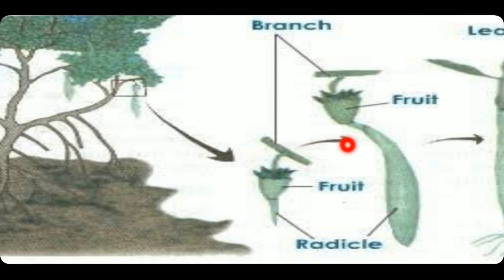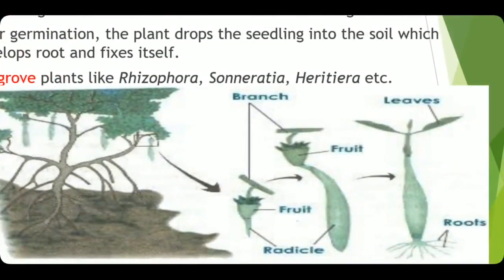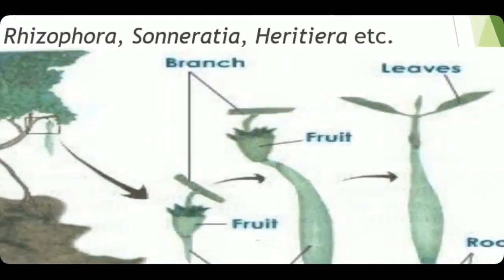This radicle grows more and more. This is actually the stalk of a plant. The radicle grows more and more, swells up, then detaches itself from the parent plant and falls down on the ground. Then this radicle develops into roots, as you can see here below.